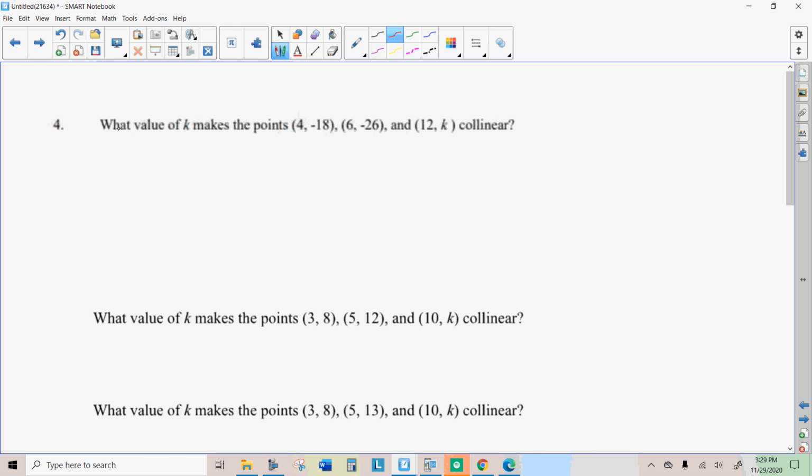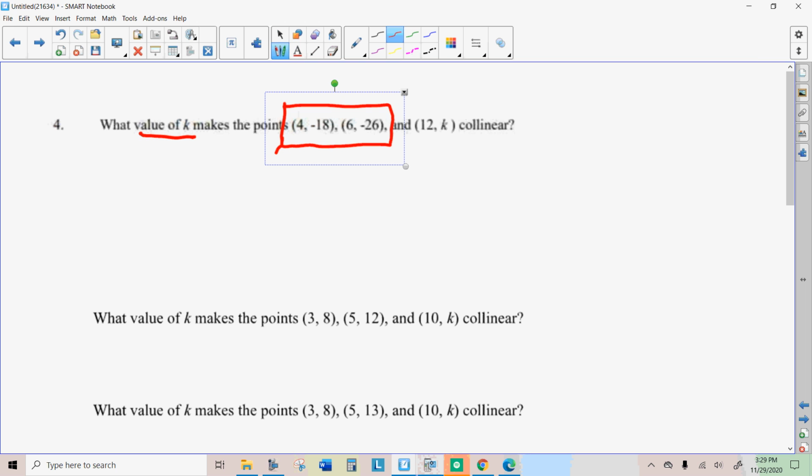On this one, we're going to try and figure out what value of k makes the points 4, -18, 6, -26, and 12, k collinear. You could use slopes to figure that out. What I'm going to do is actually find the equation that represents the line that goes through those 2 points.